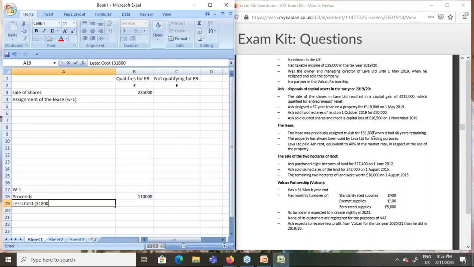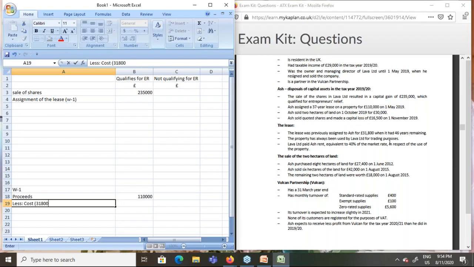However, that was the cost when the lease had a useful life of 46 years. You acquired the lease for 31,800 when it had a lifespan of 46 years remaining. So to calculate, what happened?